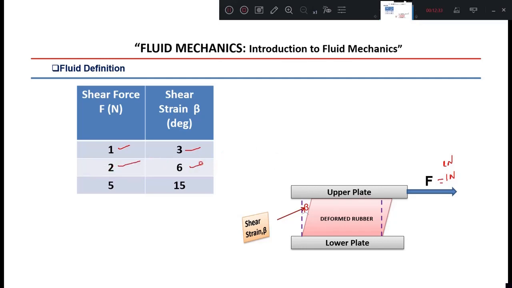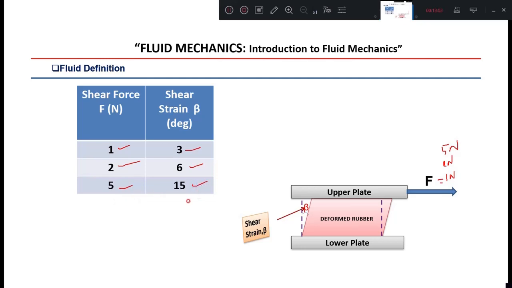And with a further increase of shear force, say to 5 Newton, the angular deformation will increase even further, and it will be 15 degrees.